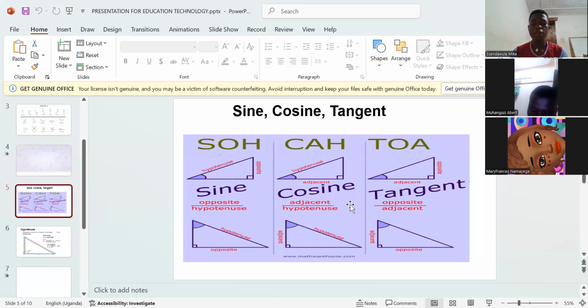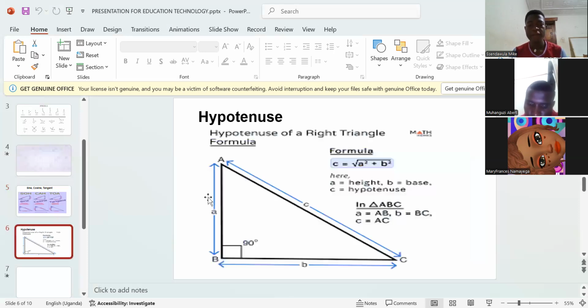And at any point, if the tan is needed, we can also find the tan. And if the sides are needed, we can find the sides. So we have the hypotenuse of a right angle. So we have this diagram.